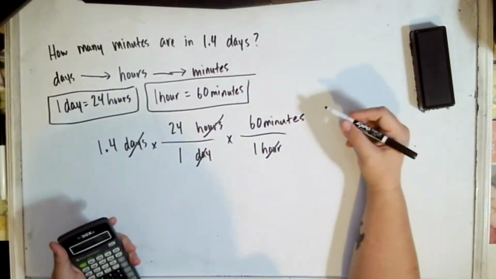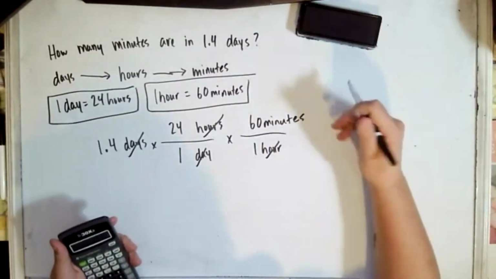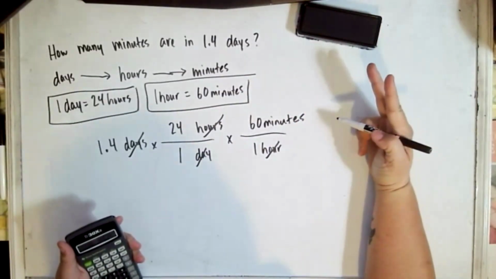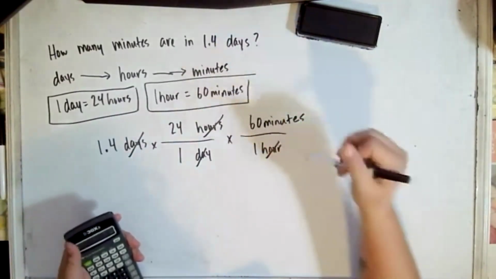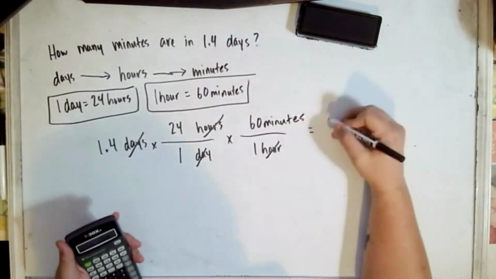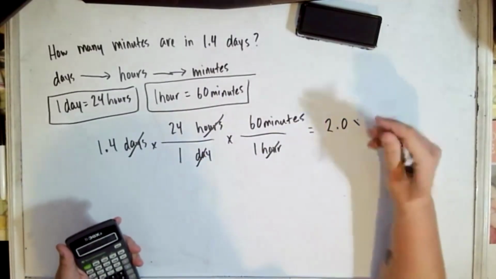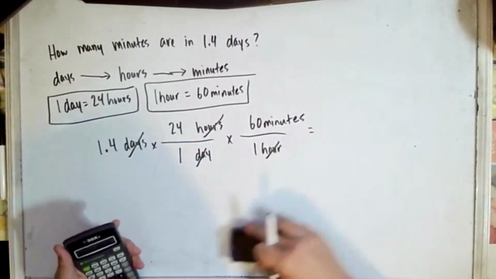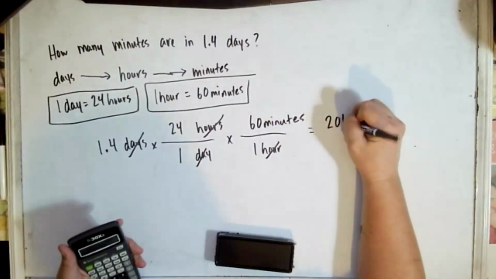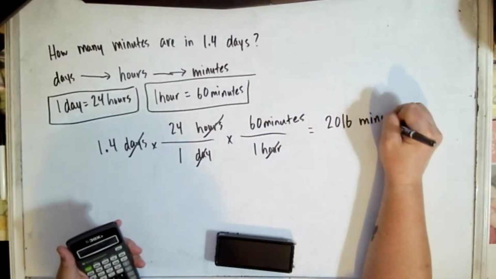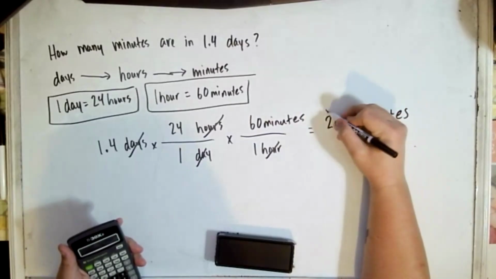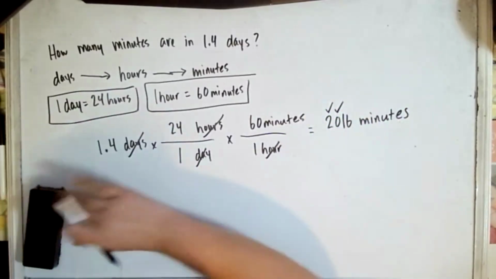And I'm going to end up with 2016 minutes, but I'm going to round that to 2 significant figures because there's 2 significant figures in 1.4. So that's going to be 2.0. Well, I'll write it all out first.